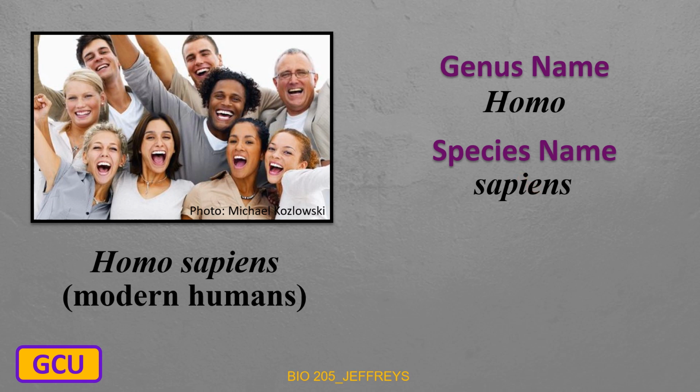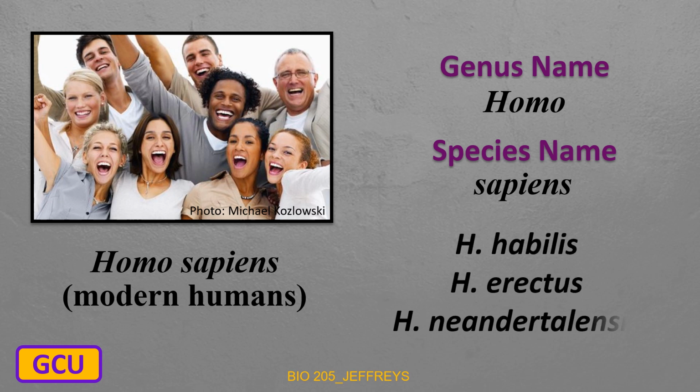Now, often I will have students ask me, if there's only one species of human on the planet, why do we need a genus name? Because in the distant past, there have been other species of humans, namely Homo habilis, Homo erectus, and Homo neanderthalensis. You know them as the Neanderthals.